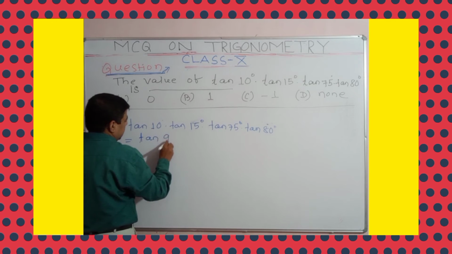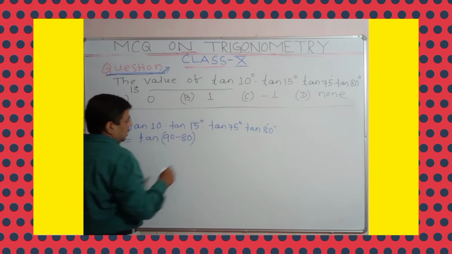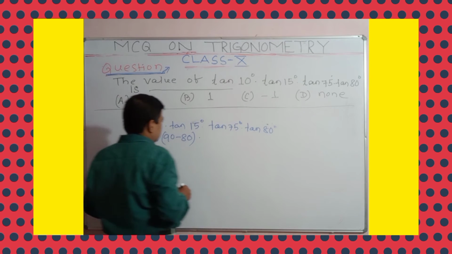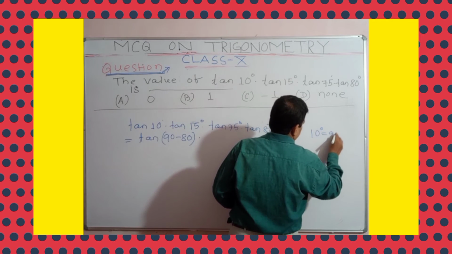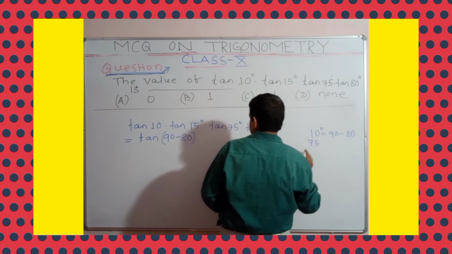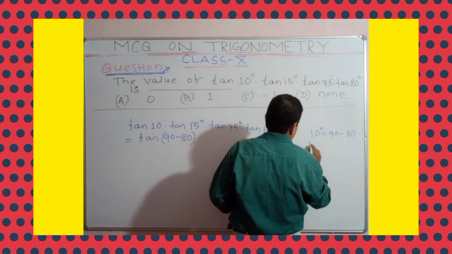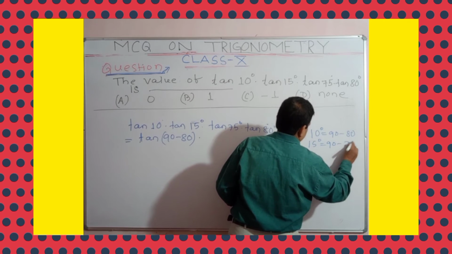Here you can write the tan 10 degree as 90 minus 80. Can write or not? And here tan 15 degree can be written as 90 minus 75 degree. Yes or no?